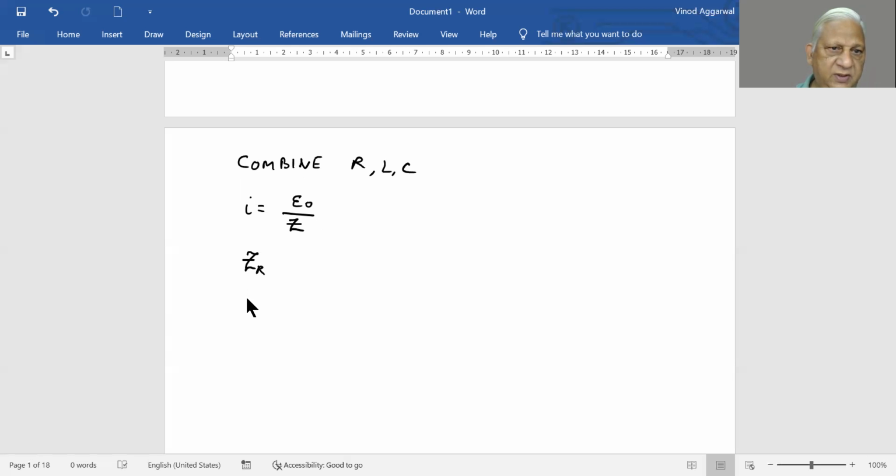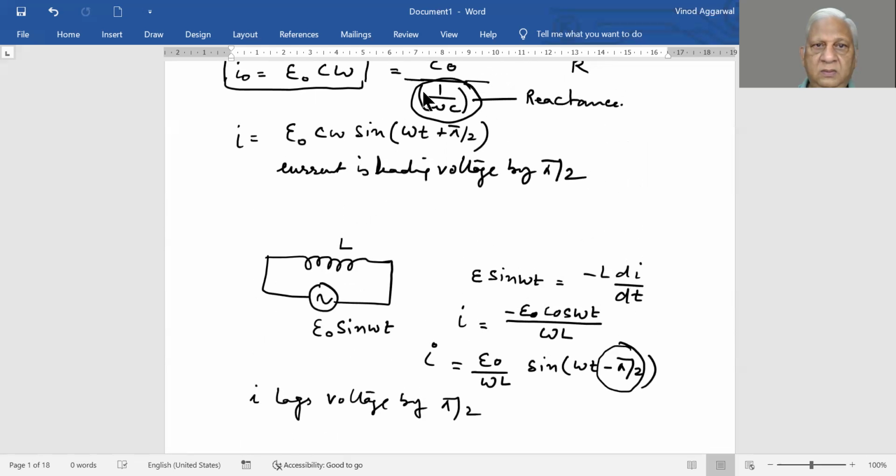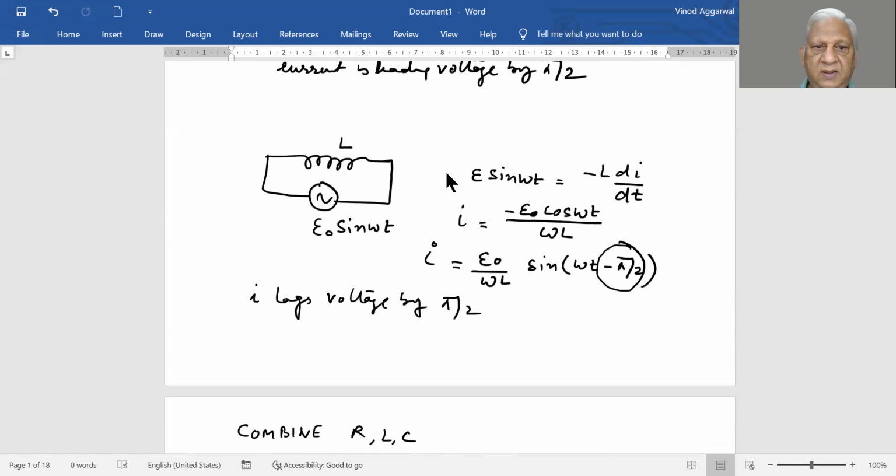Z for a resistive circuit is only resistance, nothing else. Z for a capacitive circuit is, we've seen earlier, this. For a capacitive circuit, it was coming like this.